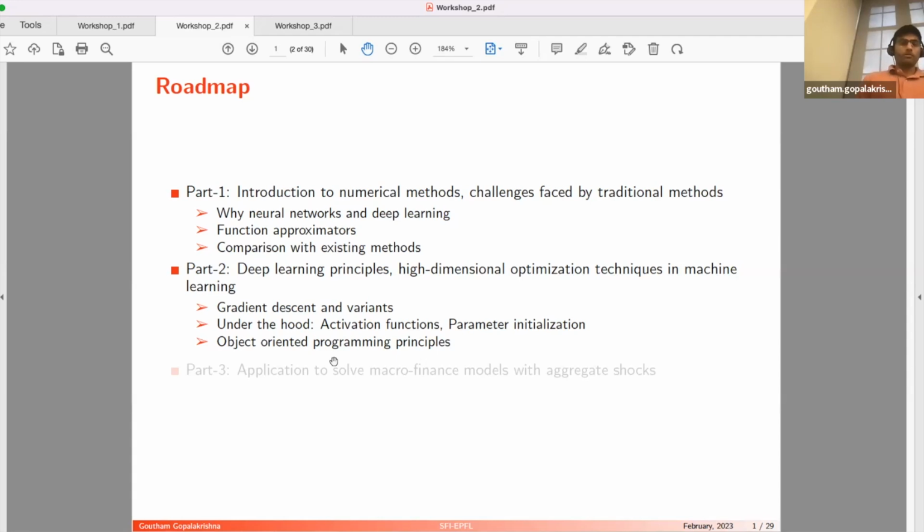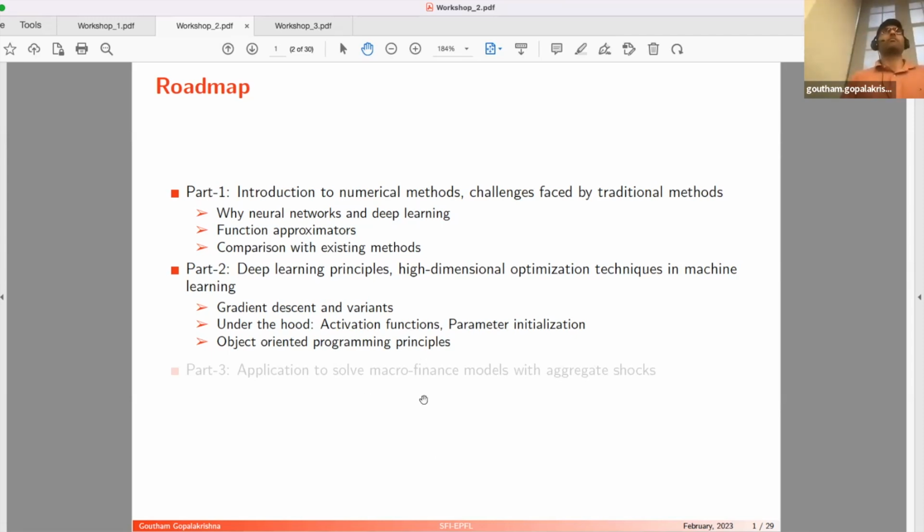And I'll also talk about some object-oriented programming principles, very basic classes and objects. We will not get into inheritance and polymorphism, but to understand how the macro model interacts with the machine learning part, it's important to understand some basic concepts of object-oriented programming. And then in the later part of the course, if possible today, we will also look at some applications of a macrofinance model.